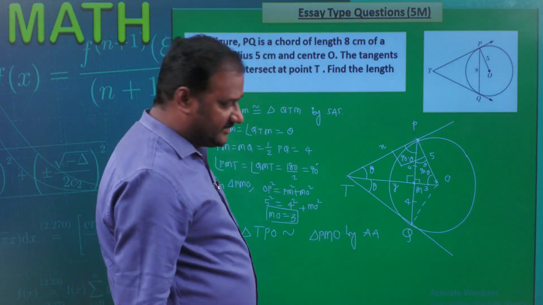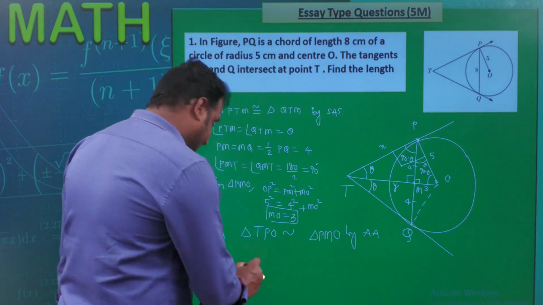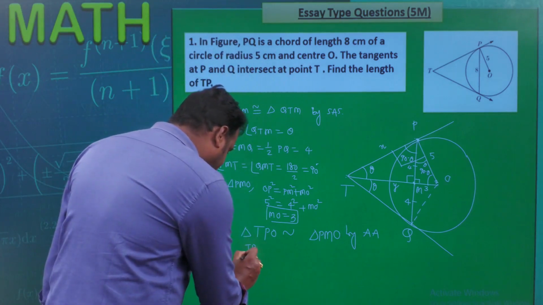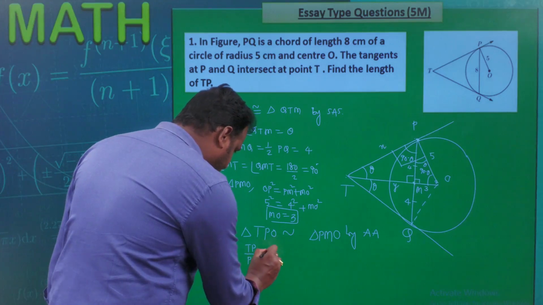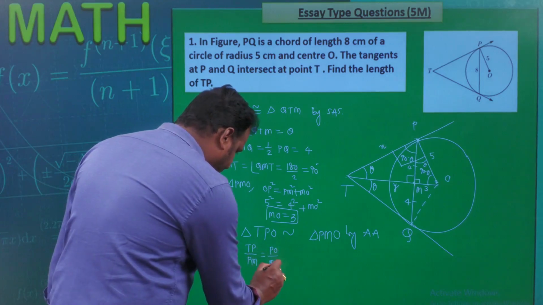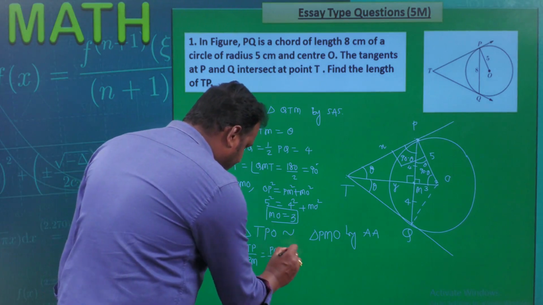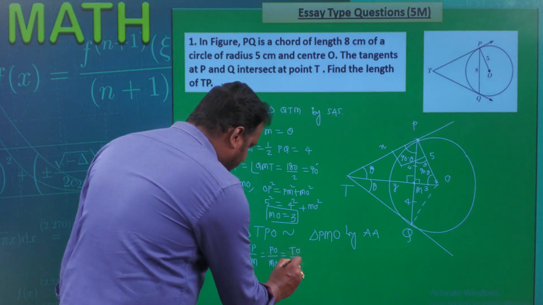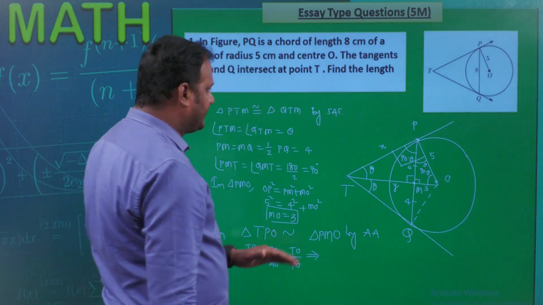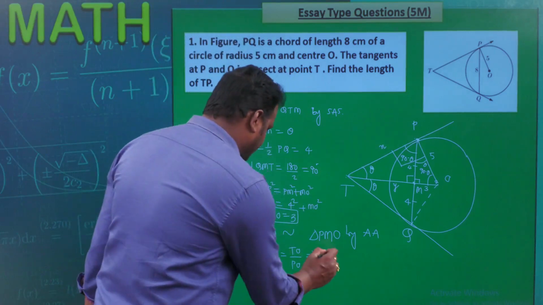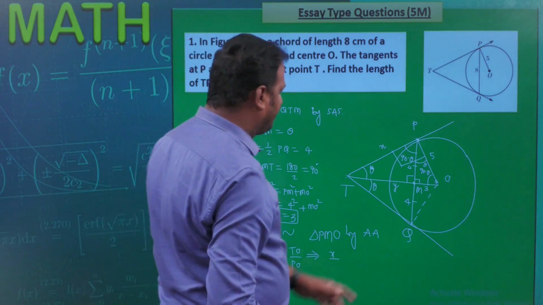Since the two triangles are similar, by CPST, TP divided by PM is equal to PO divided by MO is equal to TO divided by PO. Hope you understand. Now substitute the values. TP, what is TP? I do not know. That is X divided by PM.